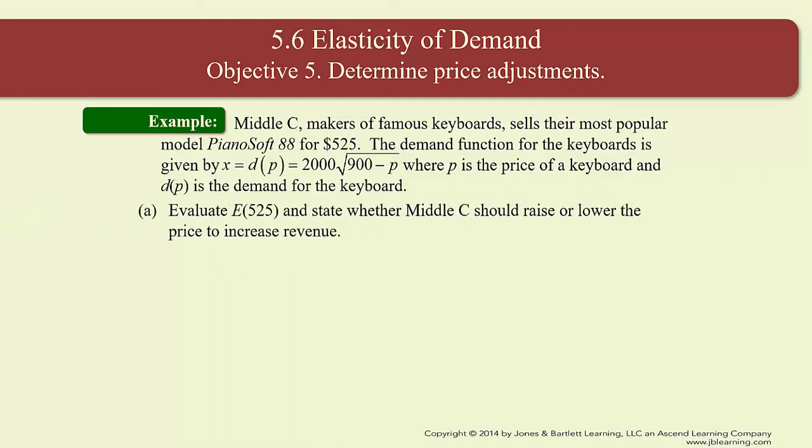So we are going to determine E of 525. We are going to determine the elasticity of demand at the current price of $525, and that will tell us whether or not the company should raise or lower the price to increase revenue.